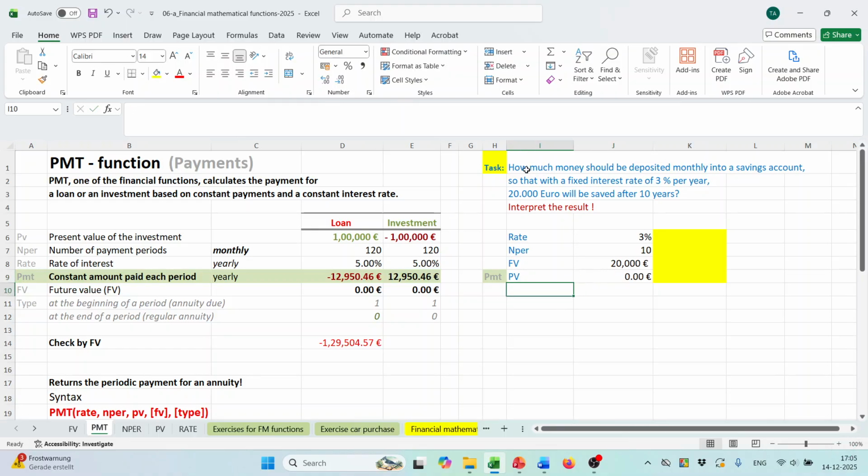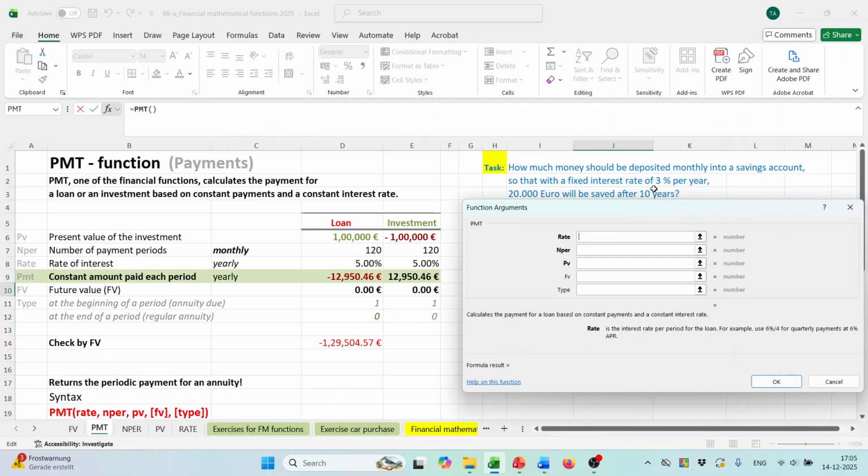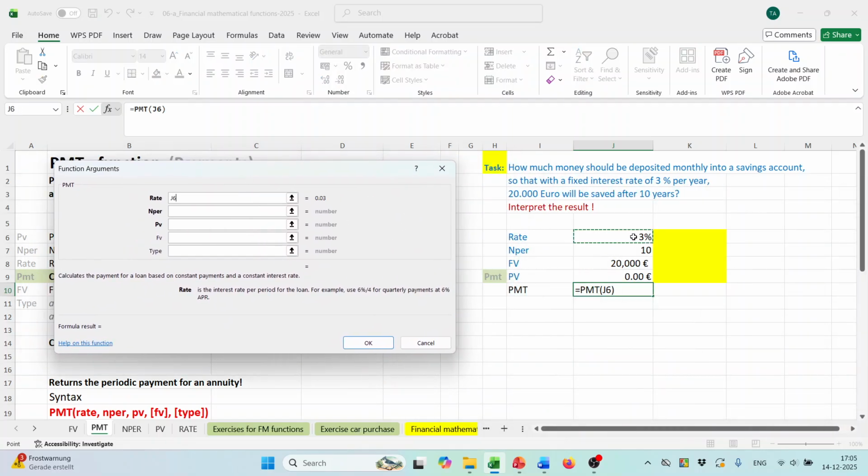And we have to calculate how much money we should deposit monthly. That means we have to calculate the PMT. So we do it with the function PMT. Okay, so our rate is 3%, our period 10 years, PV 0, our future value target is 20,000 euro.